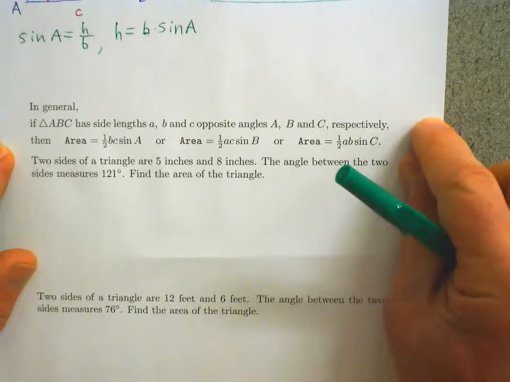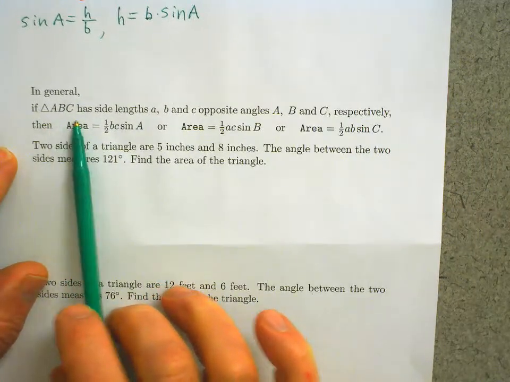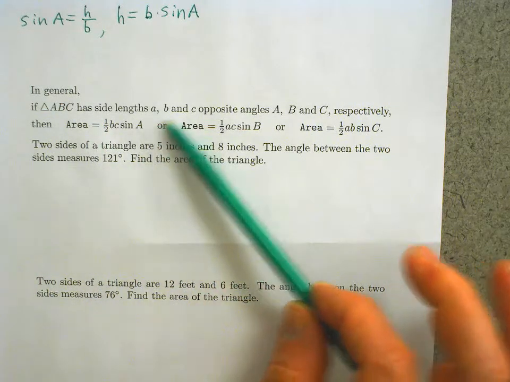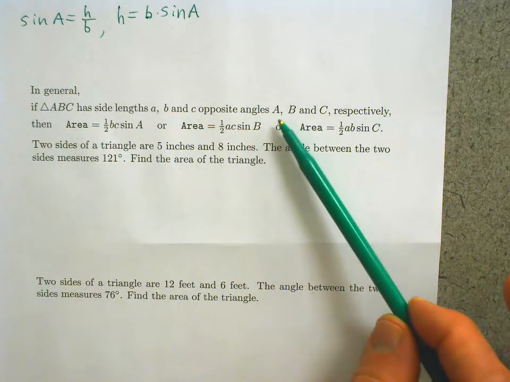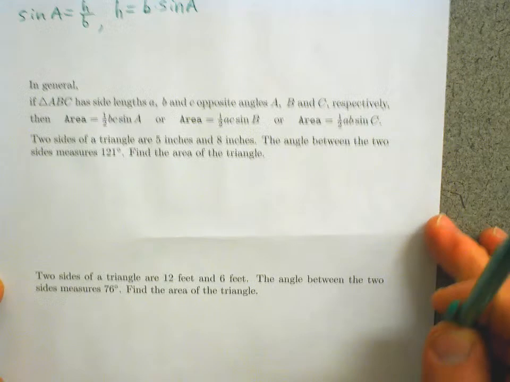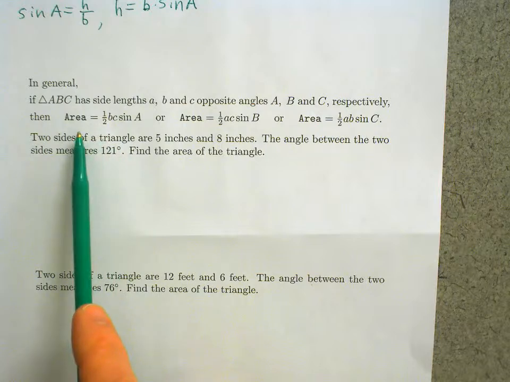Okay, so in general, if you have a triangle ABC with sides lowercase a, b, and c, opposite angles capital A, B, and C respectively, then you can have three formulas for the area of the triangle.